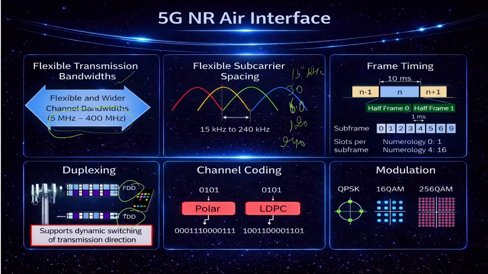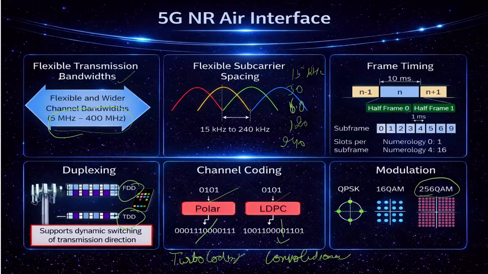As you know, in LTE we use turbo coding, but turbo coding is now replaced by polar coding, and then you have LDPC, which is low density parity check. In LTE we have convolutional coding, so these are replaced in 5G with polar coding and LDPC. Then modulation: in 5G, very high modulation can be supported, up to 256 QAM, right?